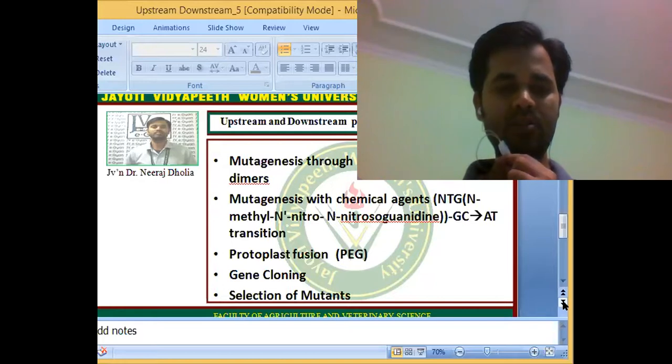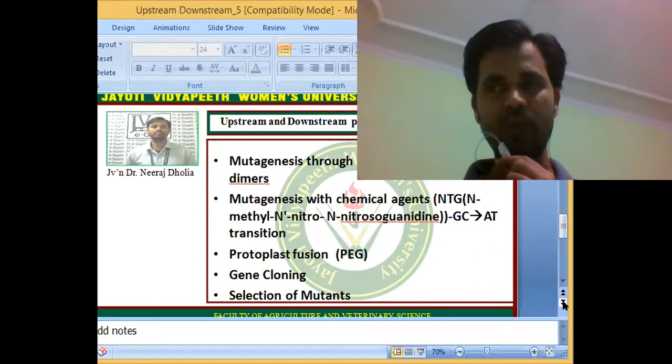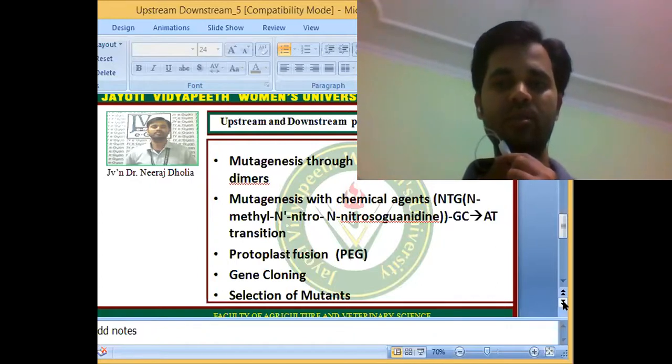Okay, next, protoplast fusion. In the strain improvement process we can use protoplast fusion. So what is a protoplast? Protoplasts are cells without the cell wall. In plant cells and bacterial cells, we first remove the cell wall of different strains, take together two different types of protoplasts, and forcefully fuse the different protoplasts or different strains.